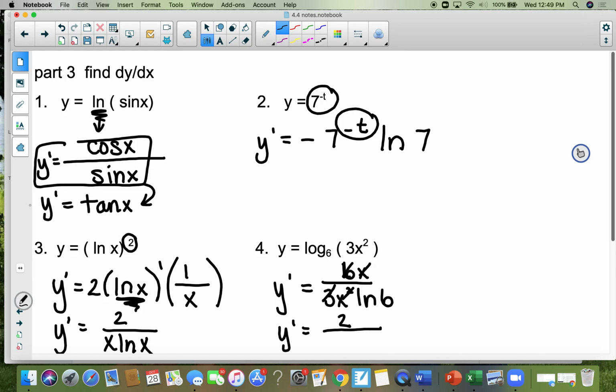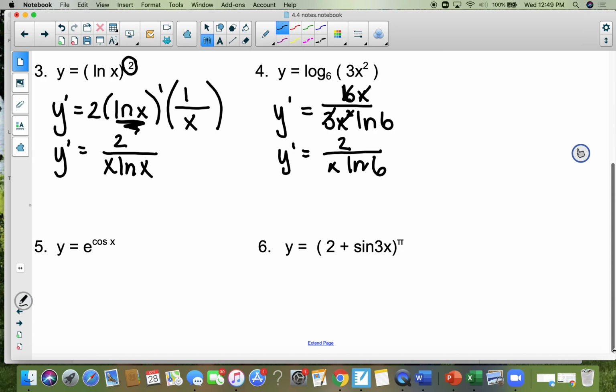The x and this x squared will be 2 over x natural log of 6, which is what the multiple choice question on the AP test will simplify down to. Y prime for this one, you copy this down. E is easy, you just copy it down, but then you have to take the derivative of cosine, which is a negative sine of x, goes out in front.